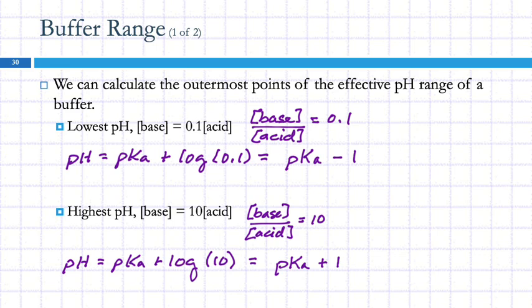So a buffer is most effective, or it is considered effective, within 1 pH unit of the pKa. The pKa is going to affect what the initial pH is. If I want a pH 5 buffer, I need to choose something with a pKa that is close to 5. I can tweak the concentrations and make the pH a little higher or a little lower, but I don't want to go more than 1 pH unit from the pKa.